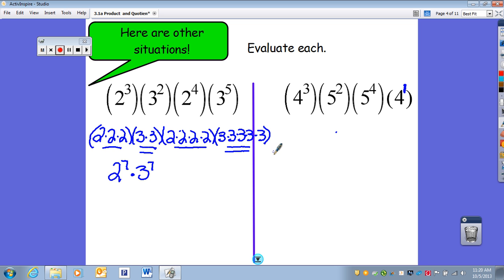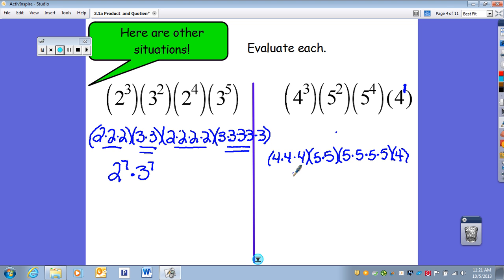So when we have 4 to the 3rd power, if I were to write that as repeated multiplication or expand it, it would be 4 times 4 times 4. 5 to the 2nd power would be 5 times 5. Then I have 5 to the 4th power, that would be 5 times 5 times 5 times 5. And then I have 4 to the 1st power, meaning that would be 1 4.